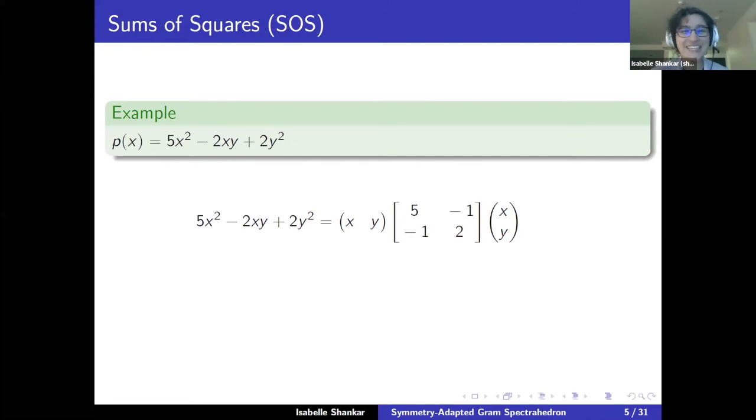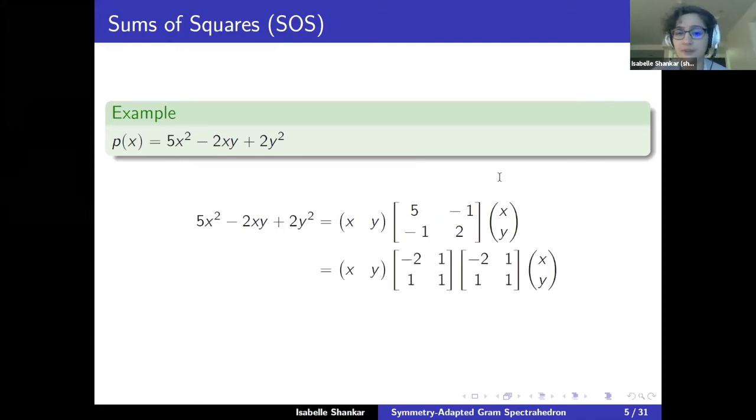Now, this might not be satisfactory to everyone, because we didn't actually write it as a sum of squares, right? We don't know what the decomposition is. The key to that if and only if statement really is the fact that this is positive semi-definite if and only if it can be factored into some matrix U transpose U. So I'm going to choose my favorite factorization.